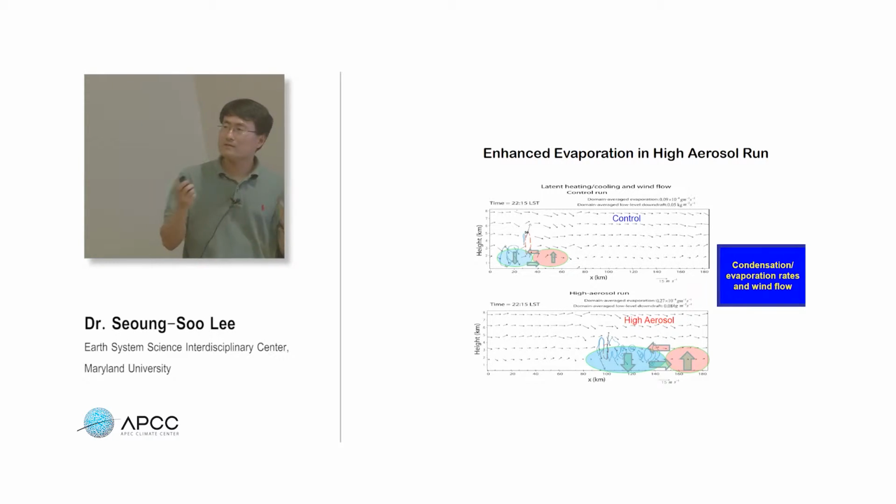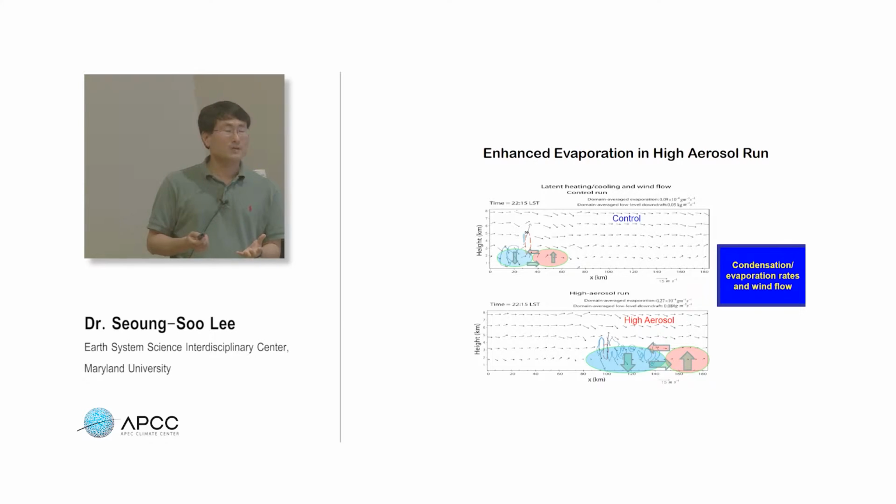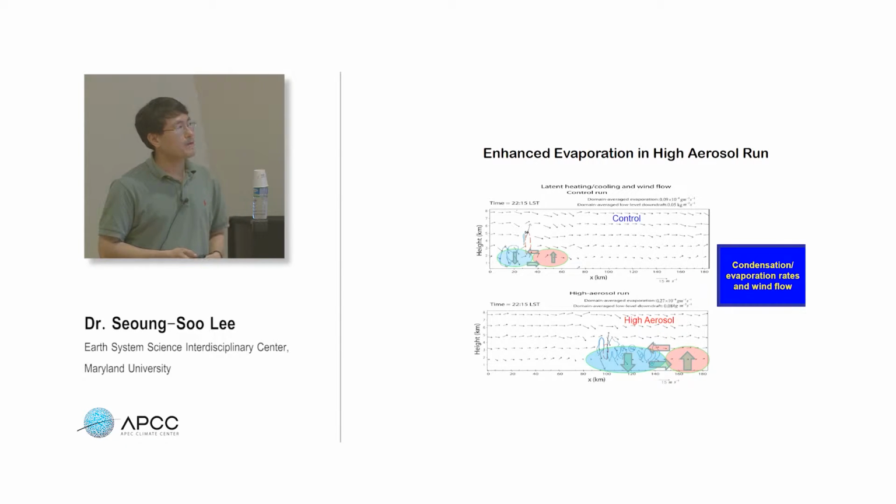So due to much larger evaporative cooling, there's a more negative buoyancy developing in the high aerosol run, inducing stronger downdraft. The downdraft reaches the surface, and then spreads out toward the warm air more strongly and more extensively in the high aerosol run to uplift the surrounding warm air later on.